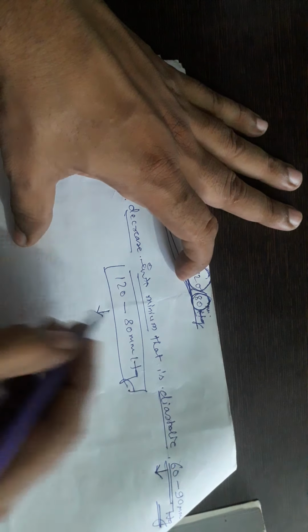So how is it measured? The instrument that helps to measure blood pressure is called a sphygmomanometer.